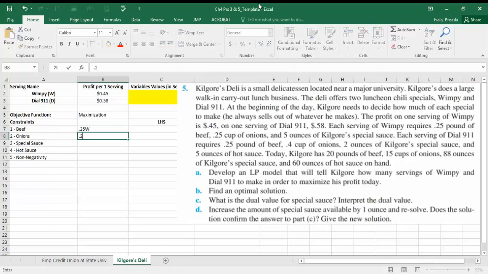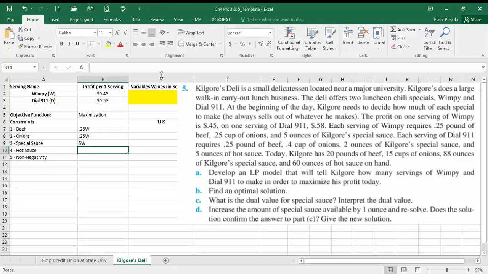Then we have 0.25 cup of onions for Wimpy. I'm reading right here: each serving of Wimpy requires 0.25 pound of beef, 0.25 cup of onions, and 5 ounces of Kilgore special sauce.